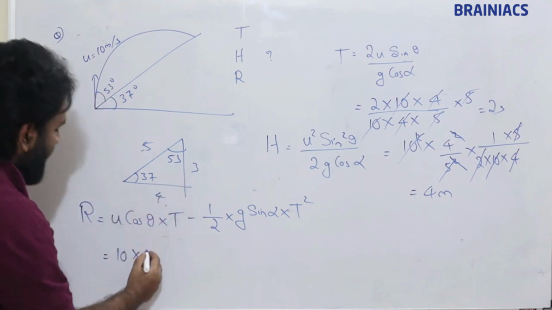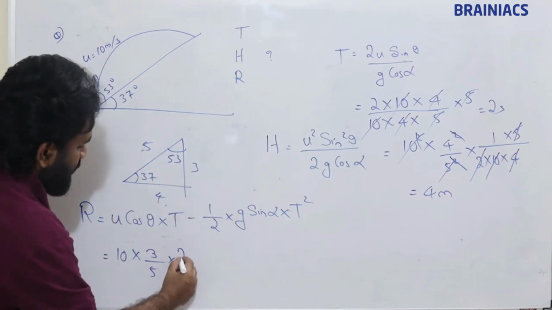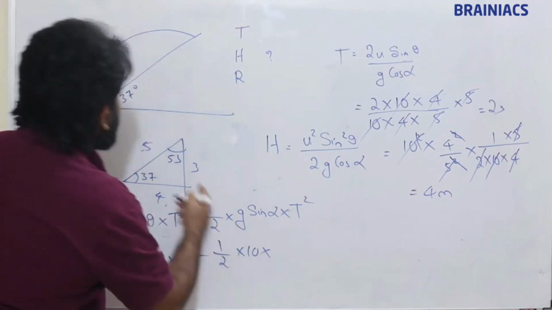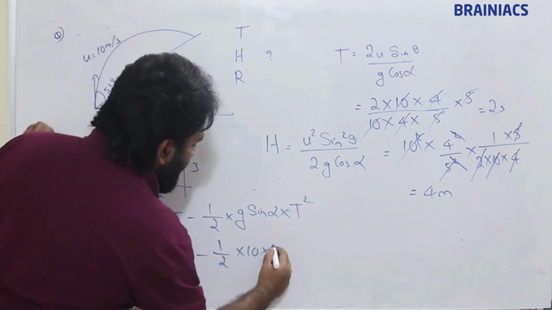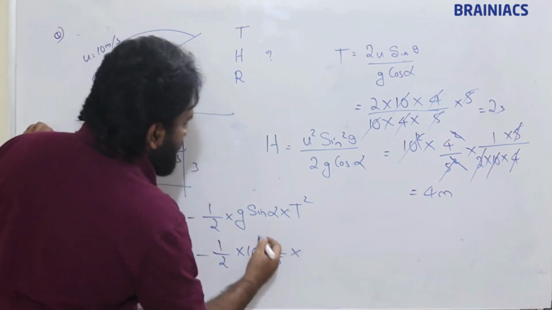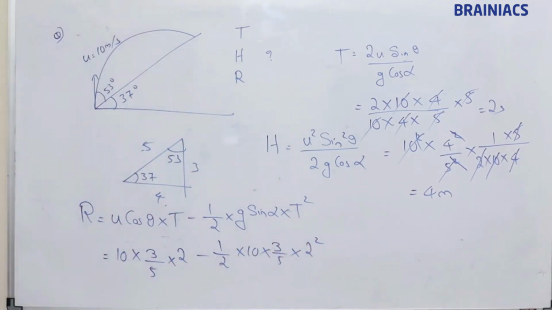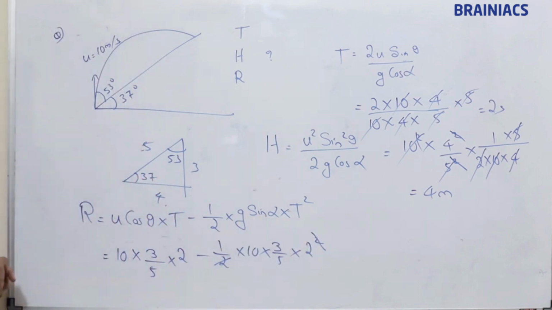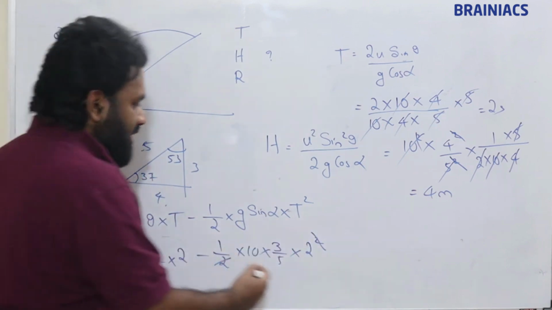Cos 53 is 3 by 5, into the time of flight which is 2, minus half into 10 into sine alpha, sine 37, 3 by 5, into t square, 2 square. So this 2 and this one can be cancelled off. 10 into 3 by 5 into 2, 10 into 3 by 5 into 2, both are the same term.